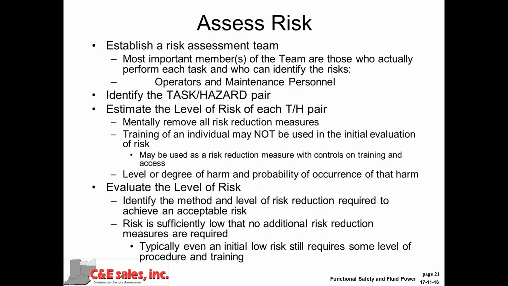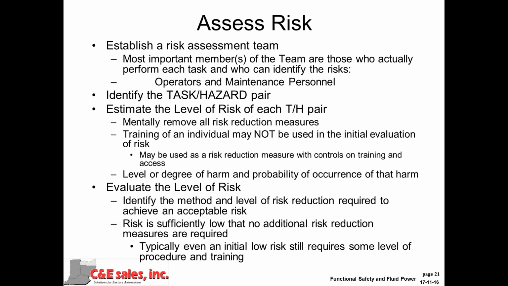So after we identify the levels of risk, we evaluate each task hazard pair and say, is this level of risk as it stands acceptable? If not, then we identify as part of the risk assessment what level of risk reduction is required and how we're going to do that in order to achieve that acceptable risk.